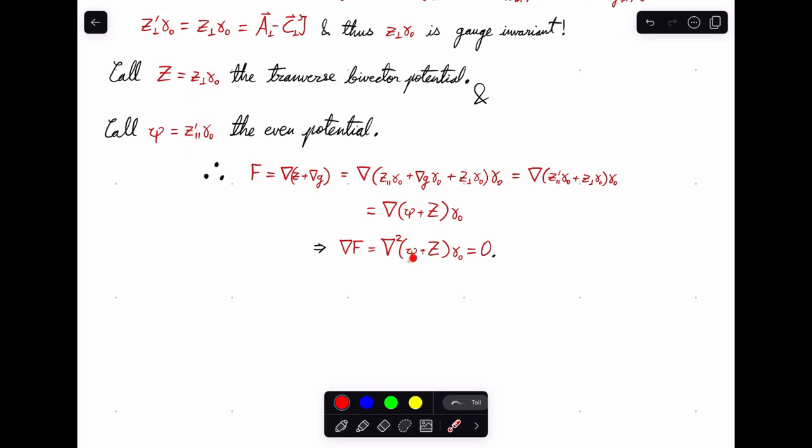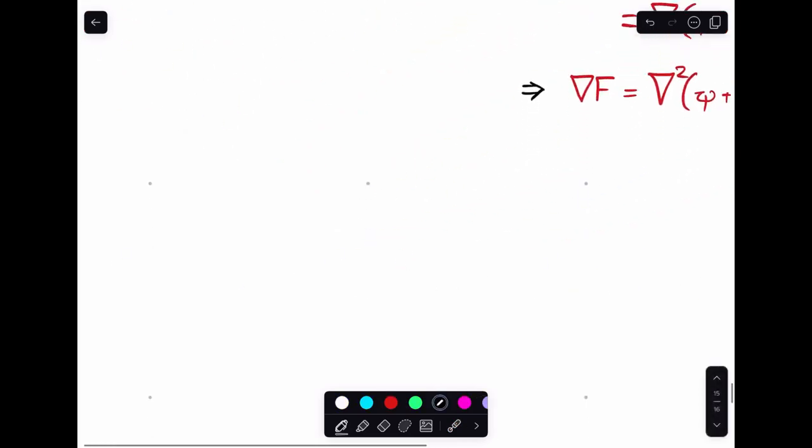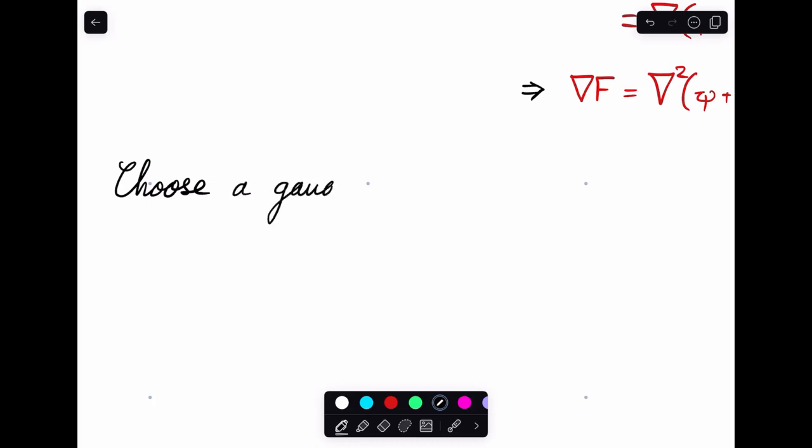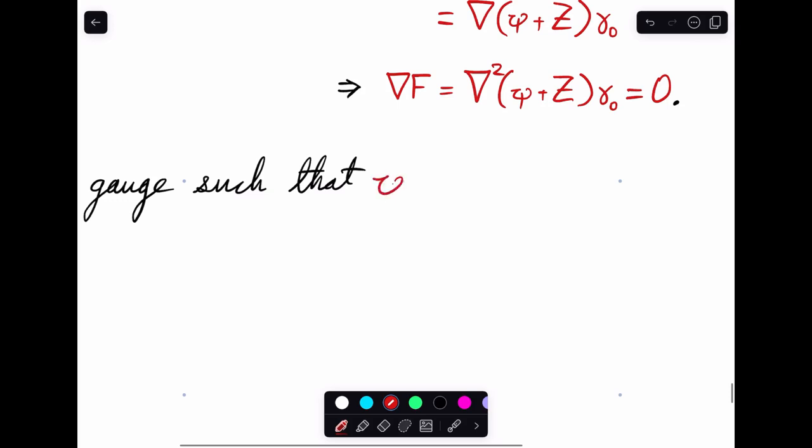So you can define a gauge that will make C equal to 0. So let's choose a gauge such that C is equal to 0.